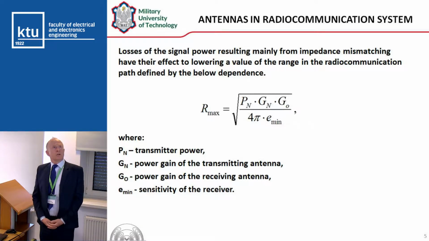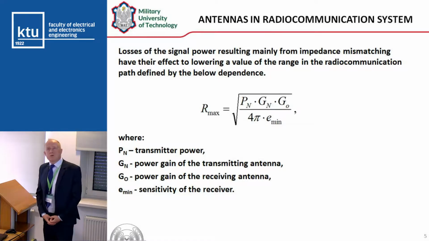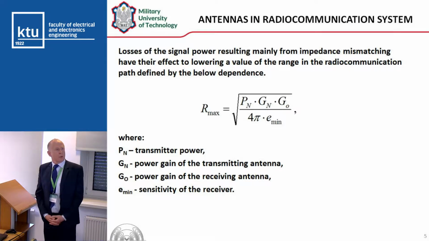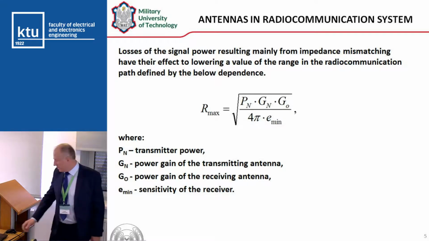So losses of signal power resulting mainly from impedance mismatching have the effect of lowering the radio communication range in the radio communication path defined by the below dependence. Here is the gain power of the transmitting antenna.